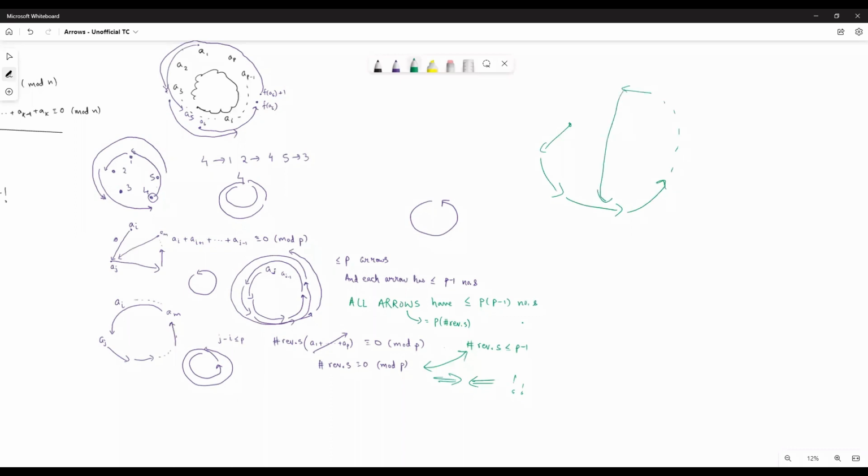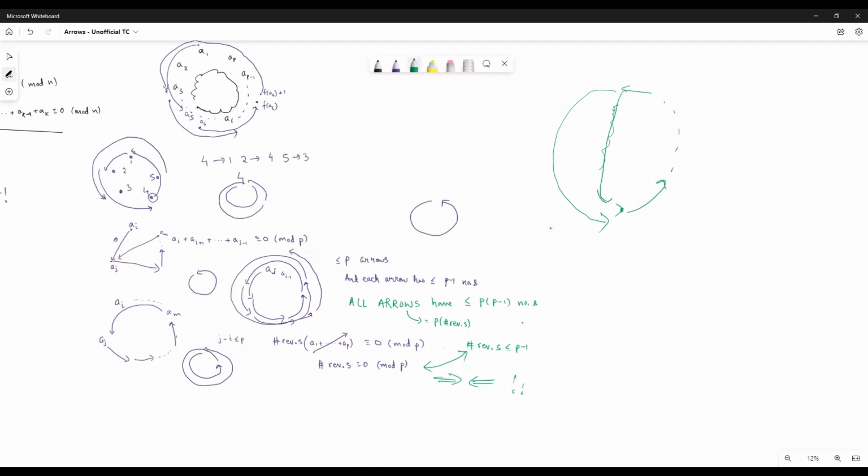If we return to this number, we just neglect all of the arrows behind it. So we have all the numbers in a finite number of arrows starting and ending at the same point.